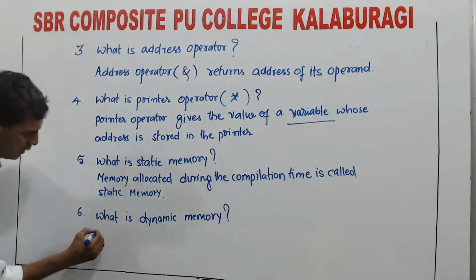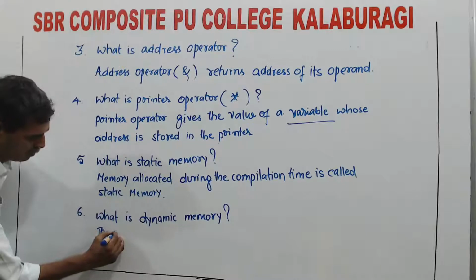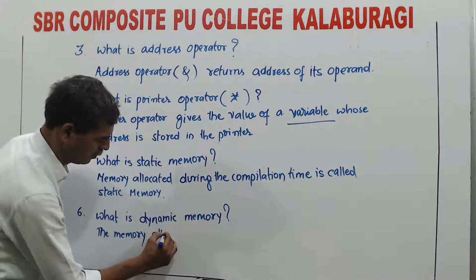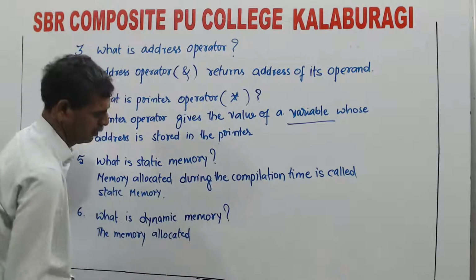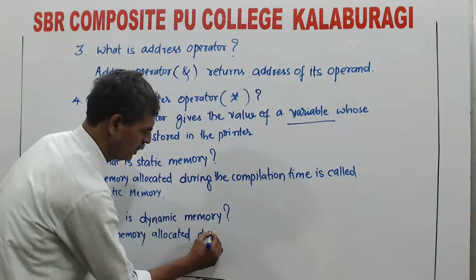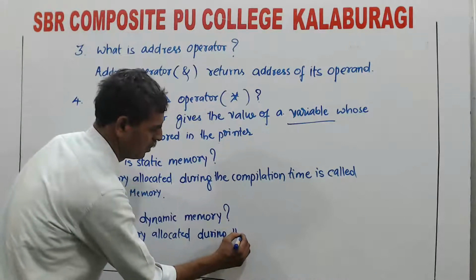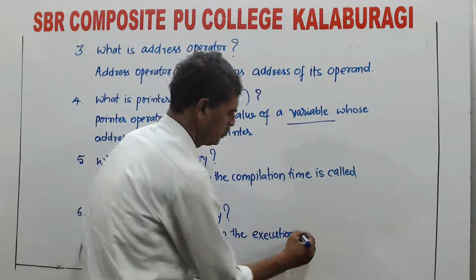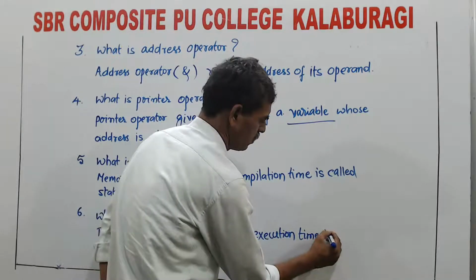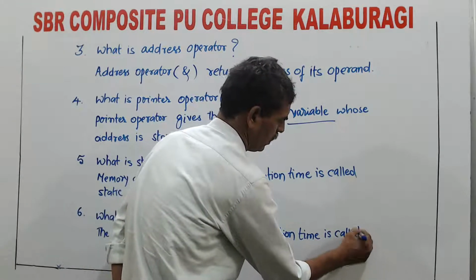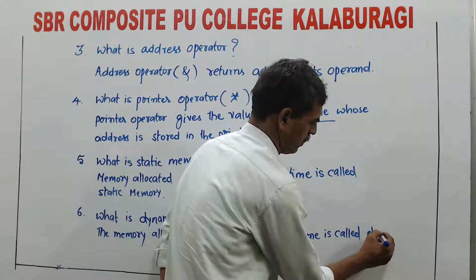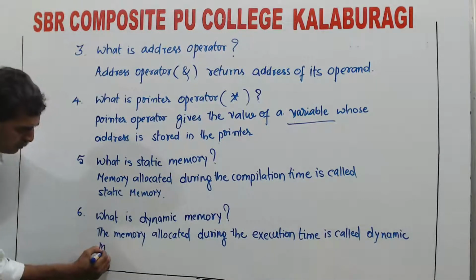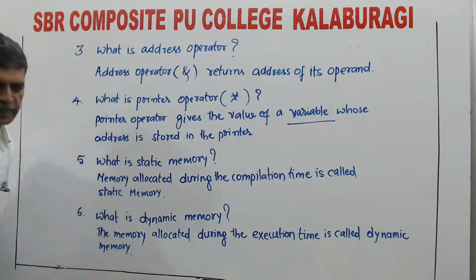The memory allocated during the runtime, during the execution time, is called dynamic memory. Okay. Next.